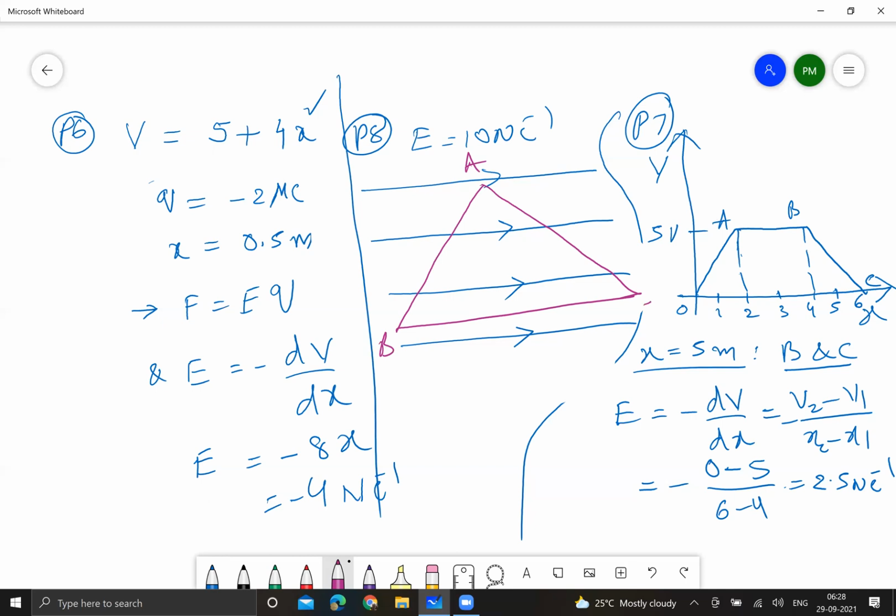Find the potential difference between A and B.